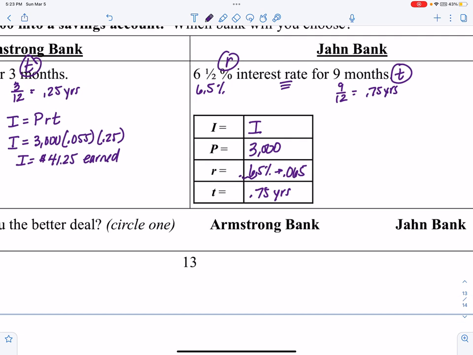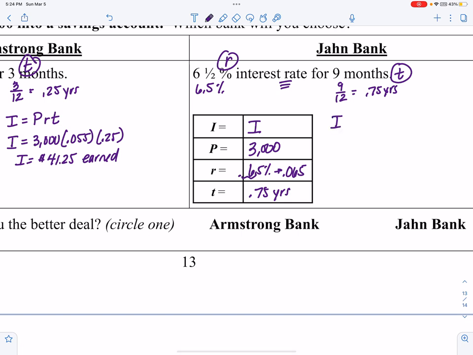Okay, let's go ahead and solve the same thing with our formula. Interest equals PRT. The interest is $3,000. Ooh, slow down. The interest is the variable I. The principal, original amount we invested, is $3,000 times the rate of 0.065 or 6.5%, times the time of 0.75 years or 9 months.